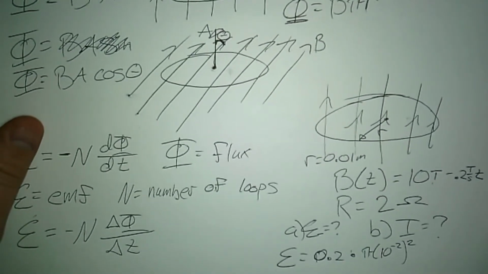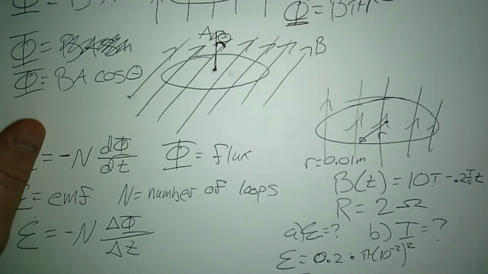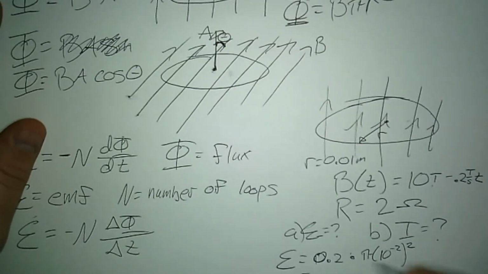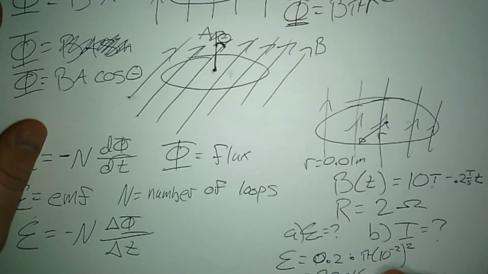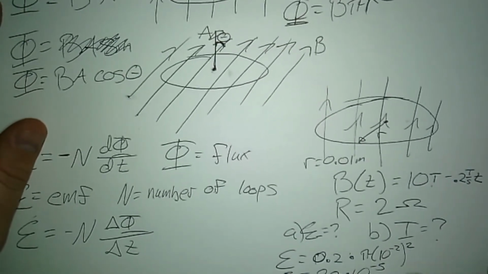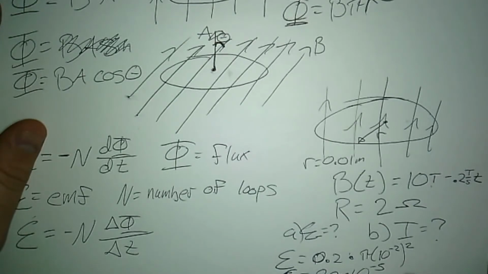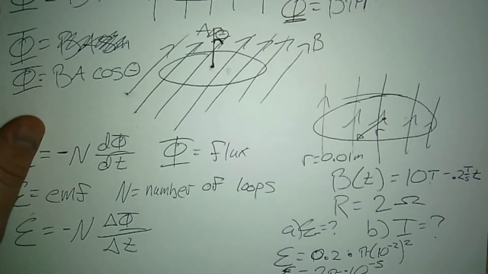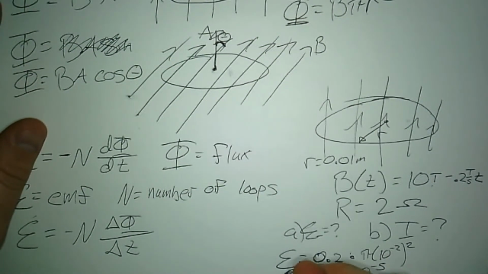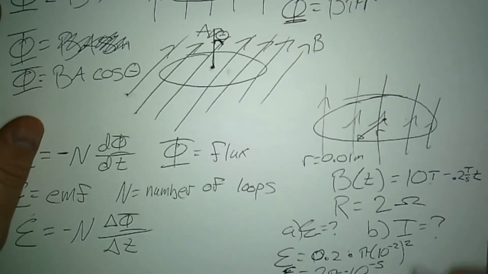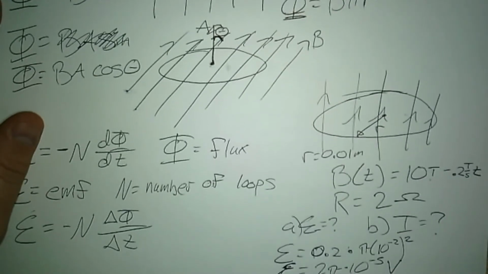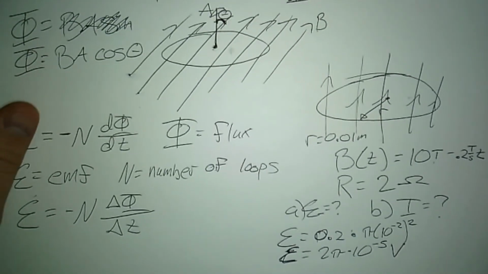So this is going to be 2 times 10 to the negative 5. So 2 pi times 10 to the negative 5 is going to be my EMF. That's an ugly EMF. All right. And that has units of volts. There, I'll slide that up so you can see it.